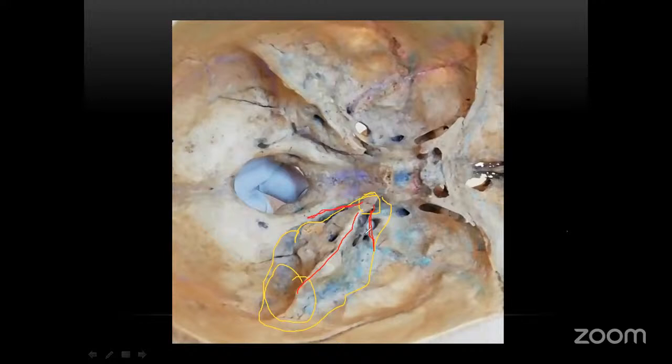So it has three borders: superior, anterior, and posterior. Here you can see easily, this is the posterior border, this is the superior border, and this is the anterior border. So it has one apex, one base, three borders. It has three surfaces.